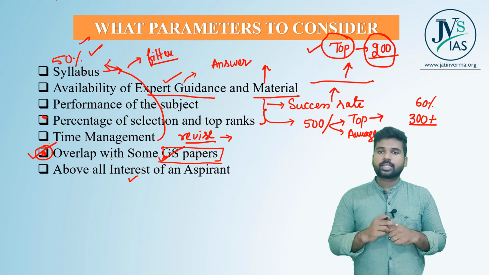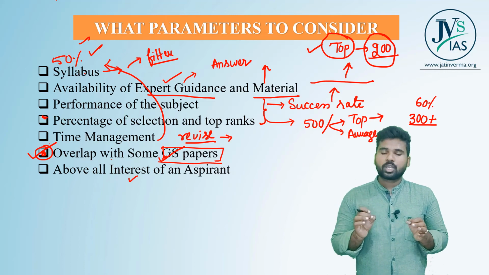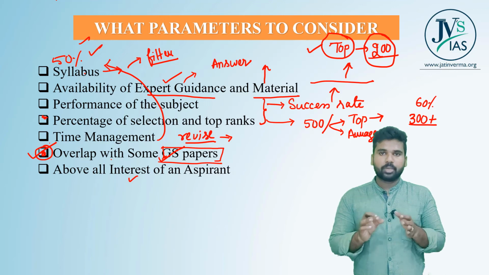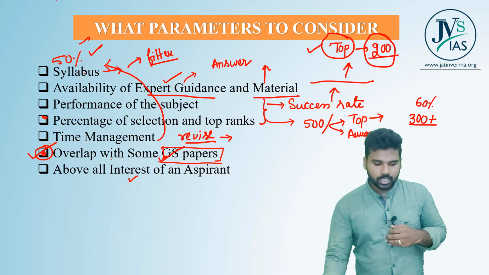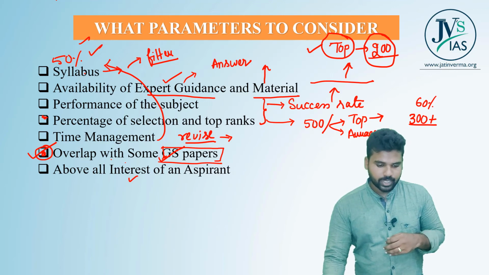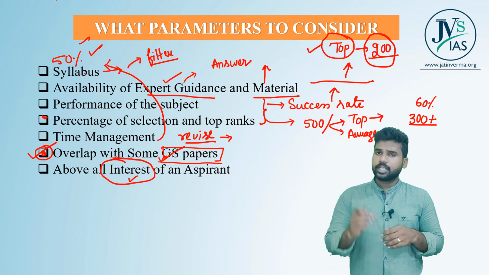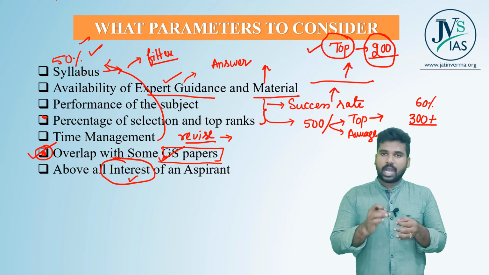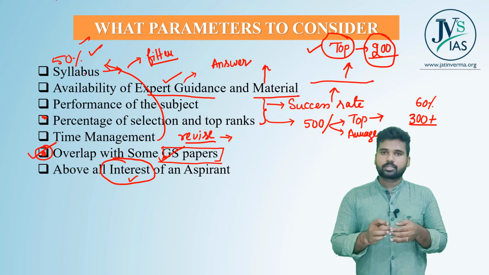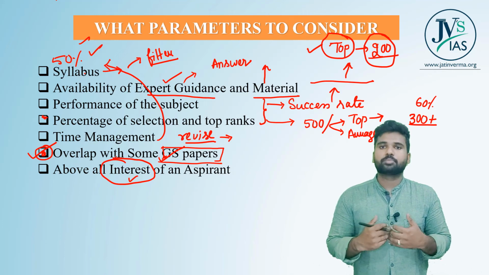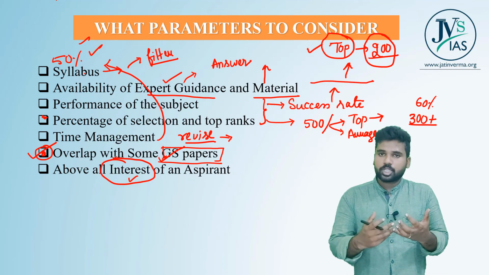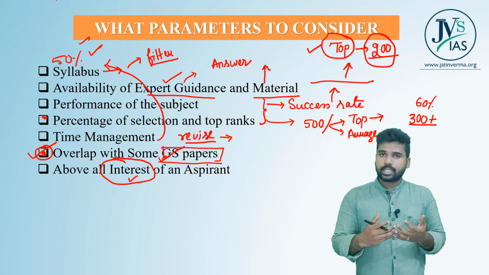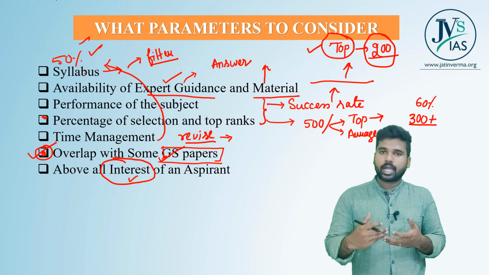So that is where this factor comes, which is the most important parameter in selecting an optional, that is the interest of an aspirant. It is all about your interest, your background, whether you have interest in that subject or not, some enthusiasm to learn that subject, and to show that subject is going to help you not only in the examination, but in your real life or in the administration.